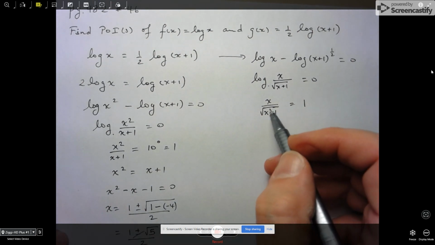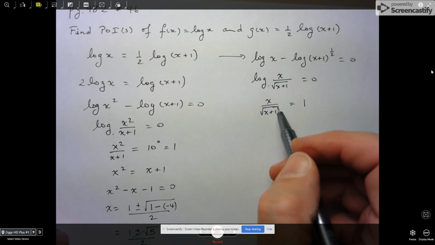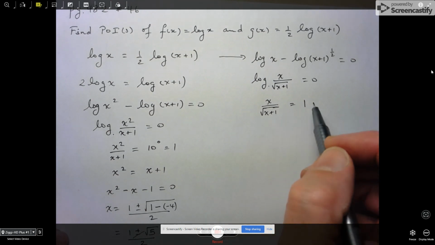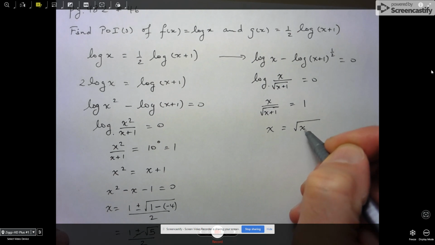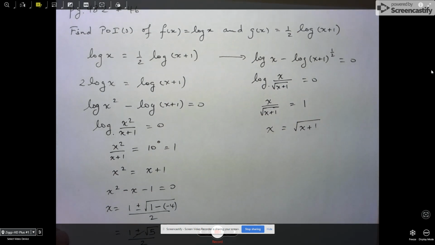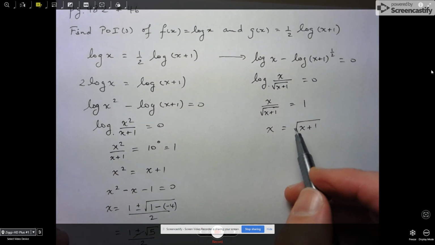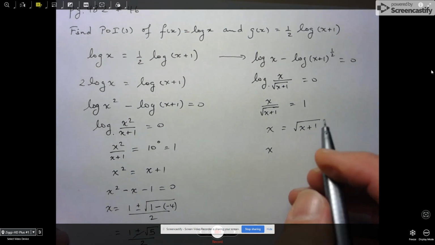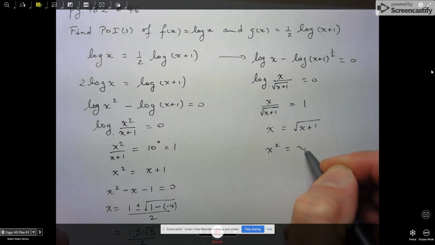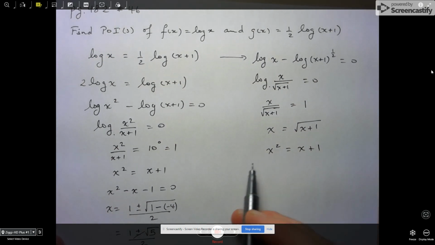Now this might look complicated, but let's start by getting rid of this denominator. So multiply both sides by root x plus 1. And how do I solve this? Well, I need to get rid of this square root, and I can do that easily by just squaring both sides of the equation. And look what I end up with: x squared equals x plus 1, which looks exactly like what I ended up with in the previous method.